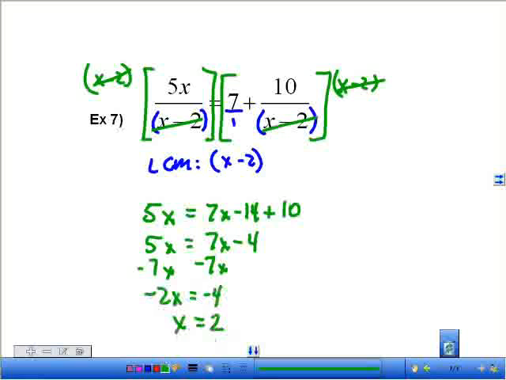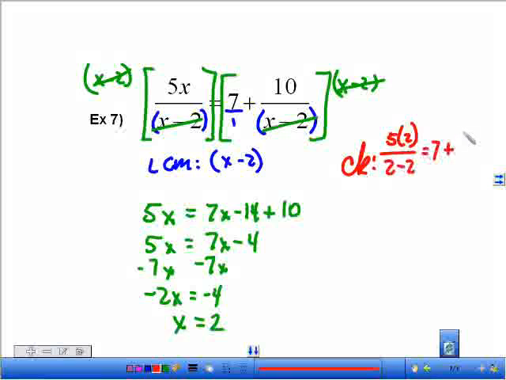Now remember I said we wanted to check and make sure that it works. We've got to check and make sure that it works. So 5 times 2 over 2 minus 2. On the other side we have 10 over 2 minus 2. Well, here's something that we may not know. 2 minus 2 is 0.